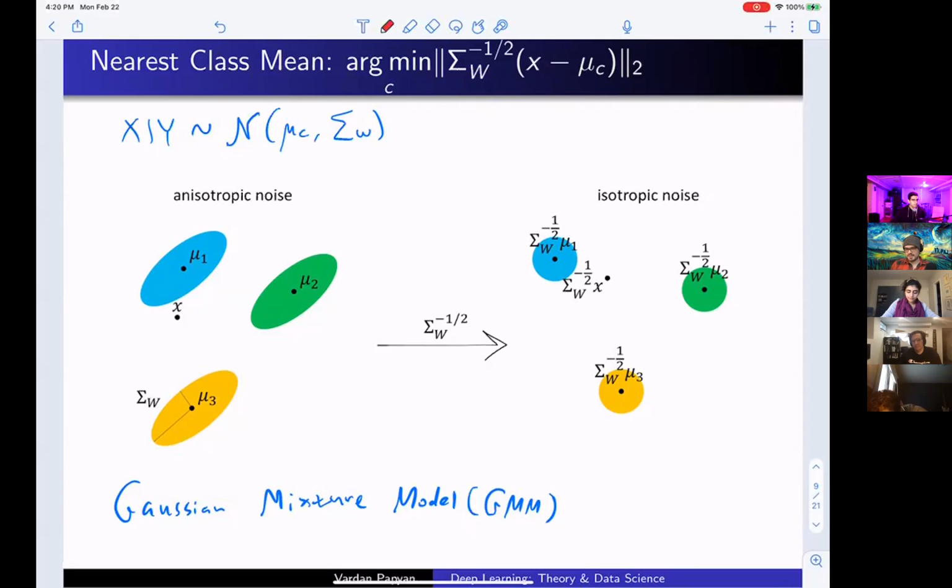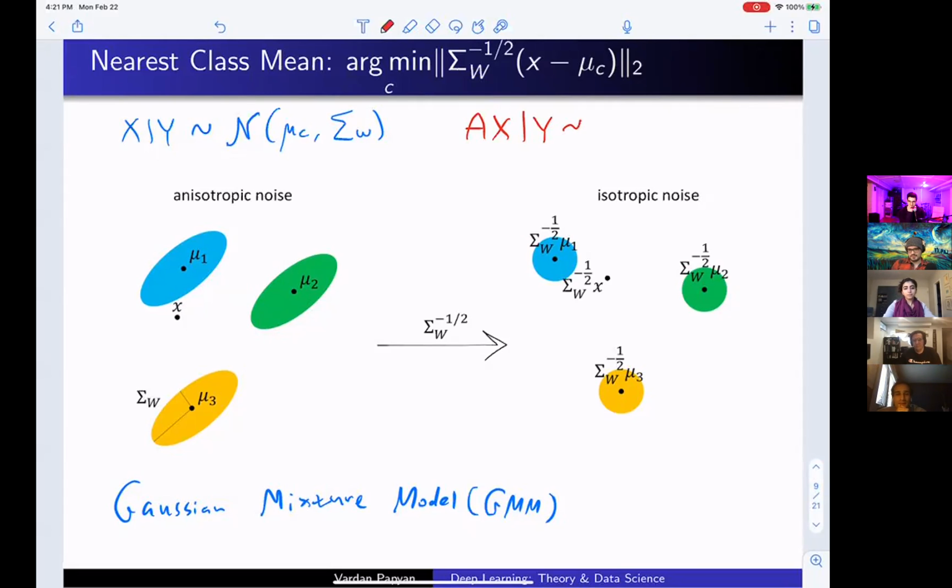And so imagine if we look at A times X given Y. Does anyone know how this is distributed, if A is just a fixed matrix of my choice? This is something you hopefully have learned in probability courses.